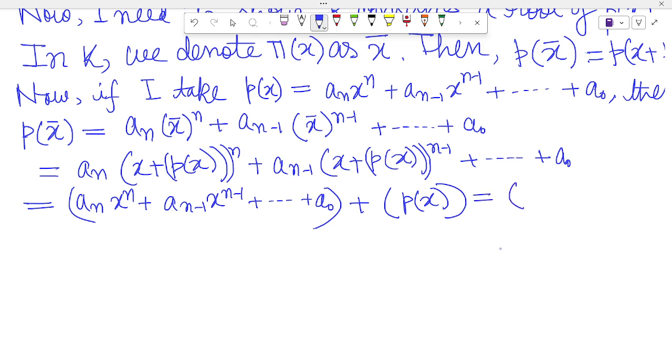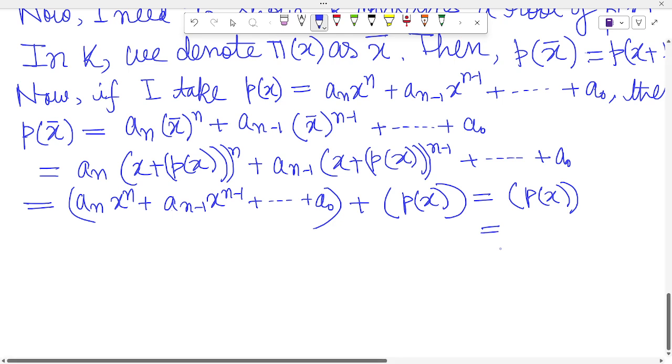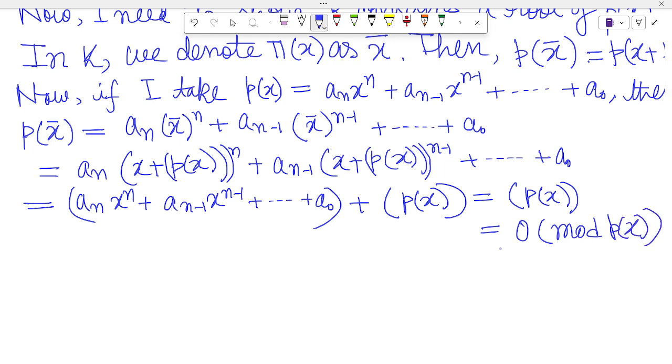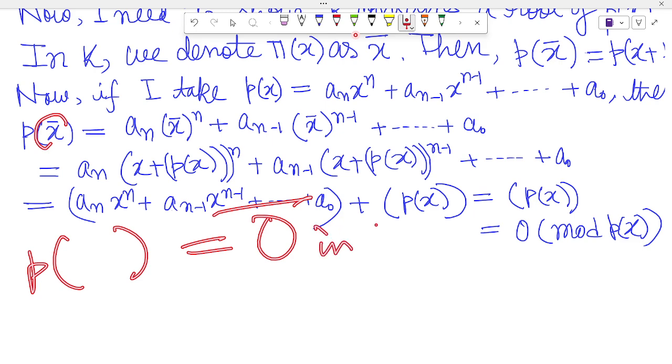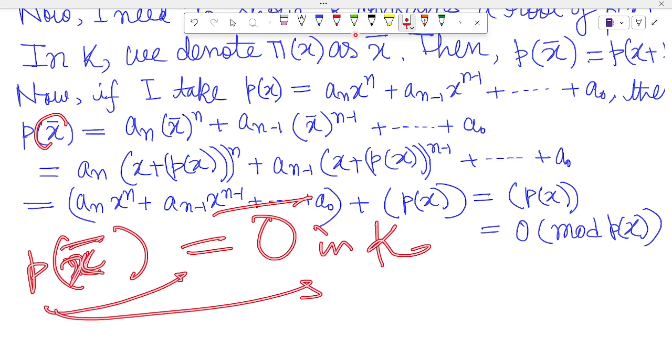So this is p(x) equal to 0 mod p(x). So it is 0 mod p(x), which is in K, so in K it is 0. So p of something is 0 bar in K. What is the element? It is x bar. So p has a root in K because the root is x bar.